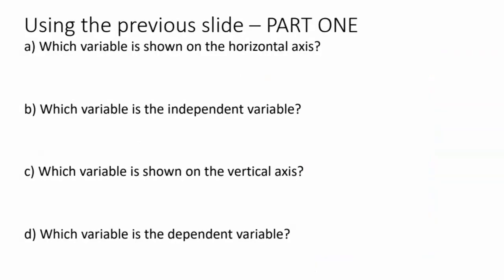Now, it's saying which variable shown in the table is my horizontal axis. Well, remember, I told you it was the GDP per capita. That was the second column in the table. Now, it says which variable is the independent variable.